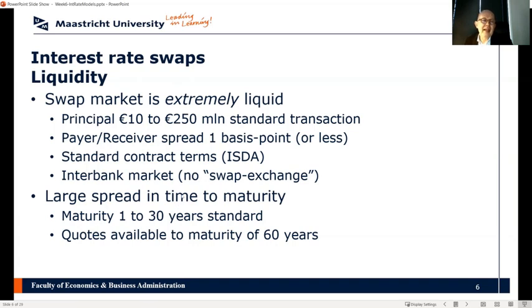Swap contracts from 1 to 30 years are really standard and ultra liquid, but it is possible to enter into interest rate swaps with maturities up to 60 years. The liquidity is less for these very long maturities, but still there is a very sizable amount of trading going on every day, even in these very long maturity contracts.